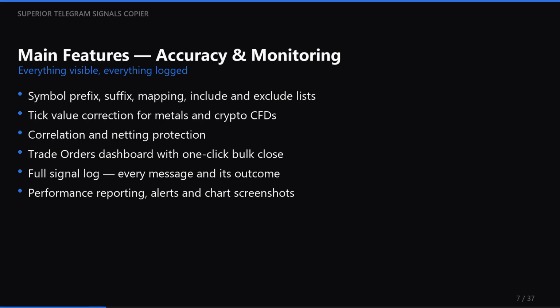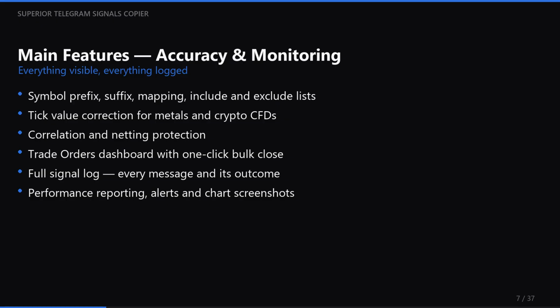Finally, accuracy and monitoring. Symbol handling covers broker prefixes and suffixes, custom mappings, and include or exclude lists, so a provider posting gold reaches the right instrument on your broker. Tick value correction keeps lot size maths accurate on instruments your broker prices unusually, such as metals and crypto.